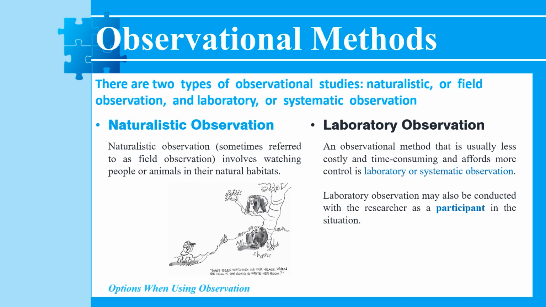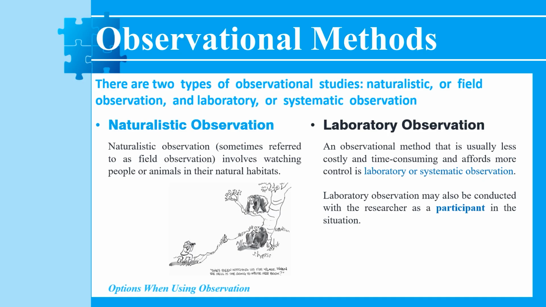Additionally, for laboratory observation, an example is that a developmental psychologist could observe play behavior in children as an undisguised participant by playing with the children or by posing as a teacher or a daycare worker in the laboratory setting.